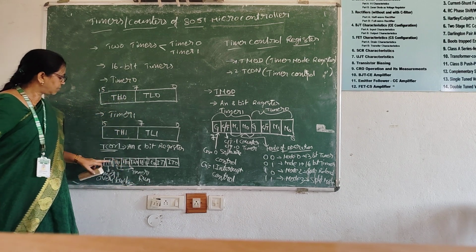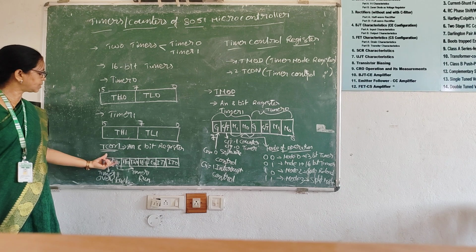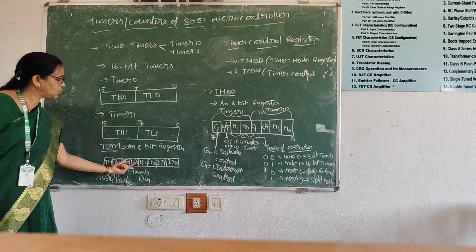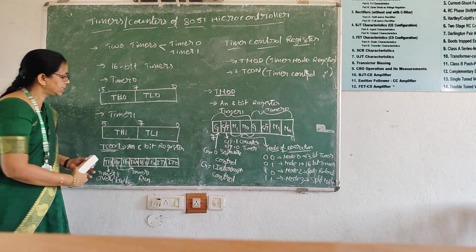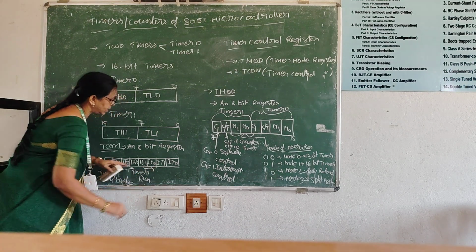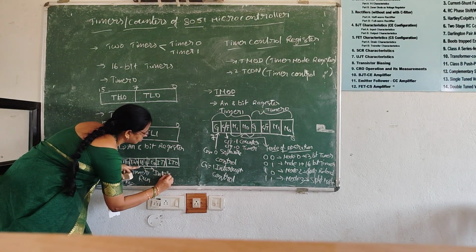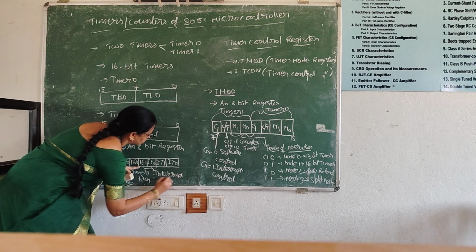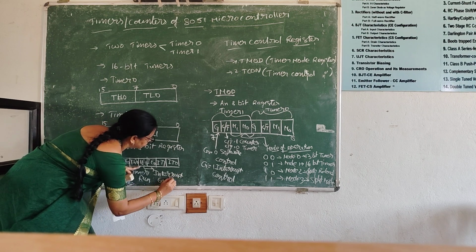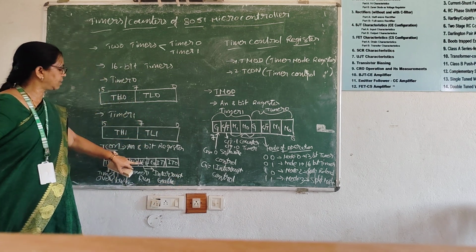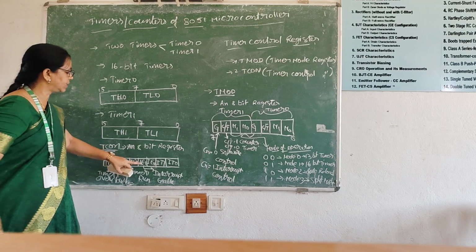Next, whatever these two bits describe about timer 1, the next two bits describe for timer 0. This is the interrupt enable. If the interrupt is enabled, then this flag will be set.